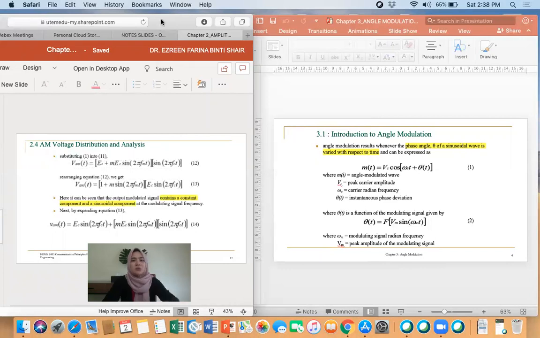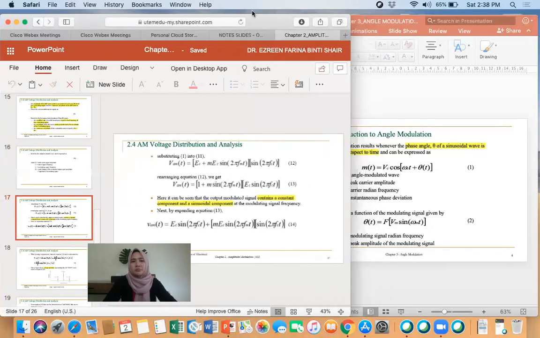That is the difference between angle modulation and amplitude modulation. For angle modulation, the frequency content of the output is affected by the modulating signal. For amplitude modulation, the amplitude of the modulated signal is affected by the modulating signal.